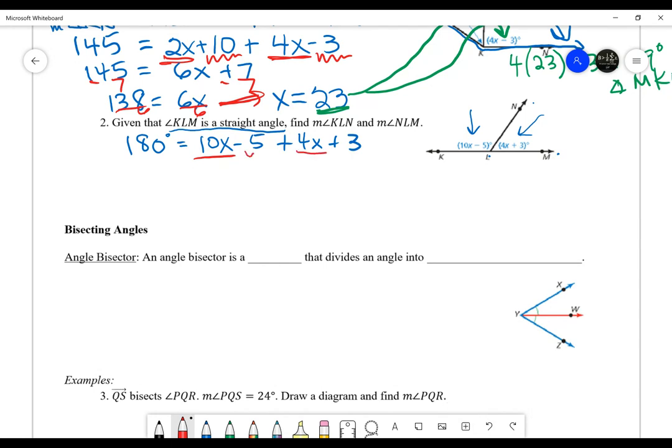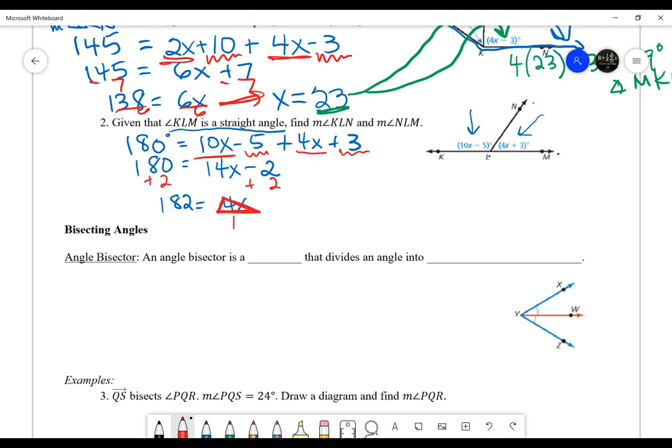So I get, let's see, that's 14x minus 2. So I'm going to add 2 to both sides. 14x equals 182. And I want just x.